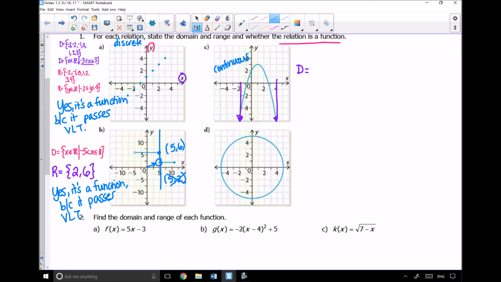So no matter what my input is, even all the way down to -1 billion, I'll have a corresponding y value. It's just going to be super low down here, right? So the domain is going to be every single x value from -infinity to +infinity. So we just plain and simply say that x is an element of the reals, because no matter what input I put in here, I'll always get an output.